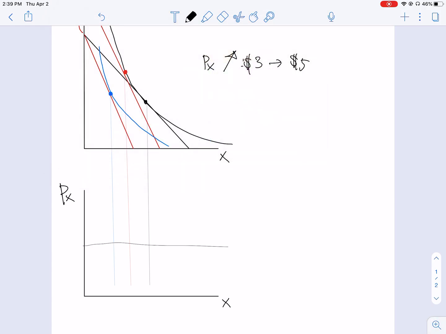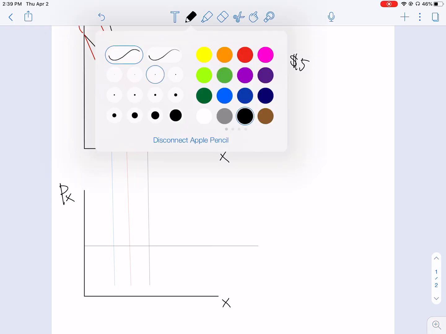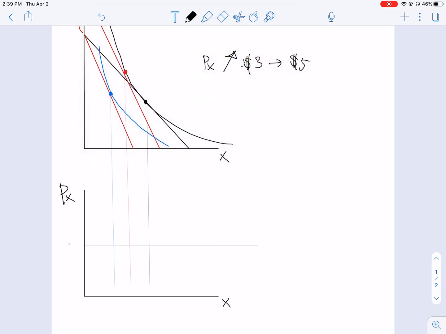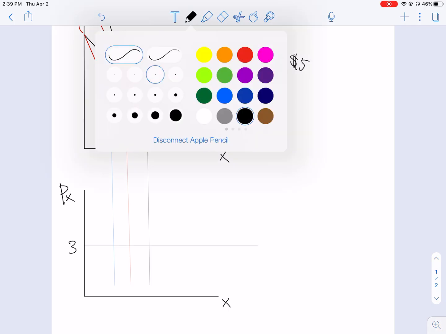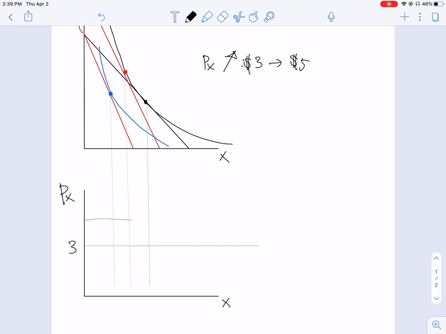Initially the price was $3, and then the price has gone up to $5 here.